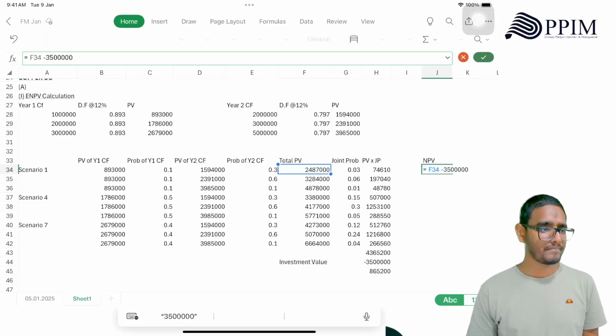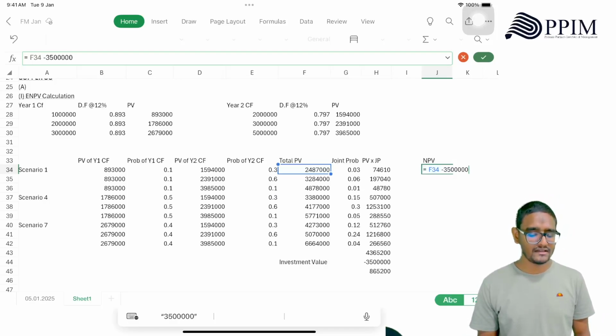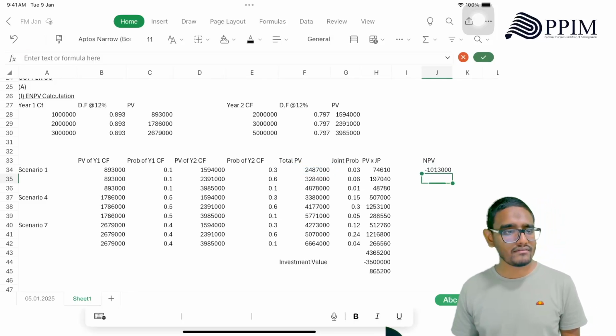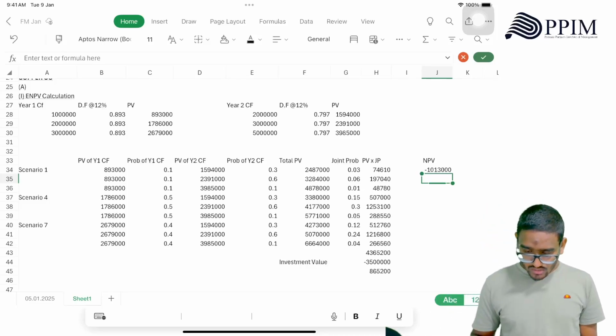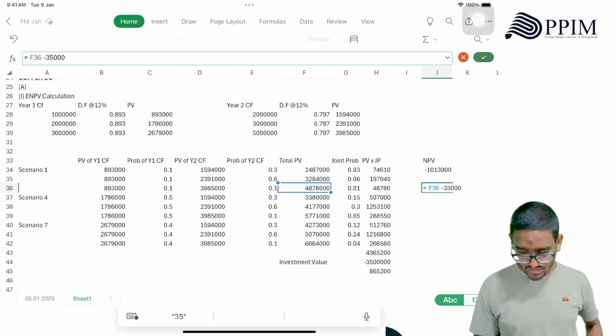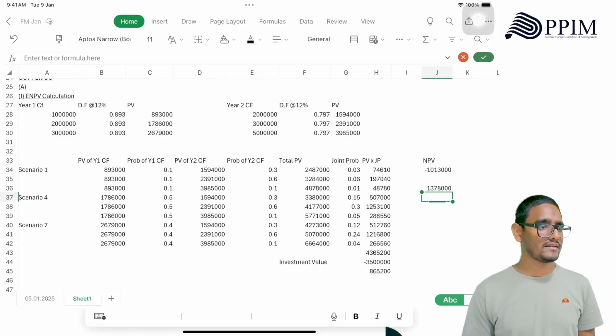That is to say, if scenario 1 happens, I will have an NPV of negative 1,013,000. Let's take scenario 3: 4.878 minus 3.5 million gives a positive NPV of 1.378.